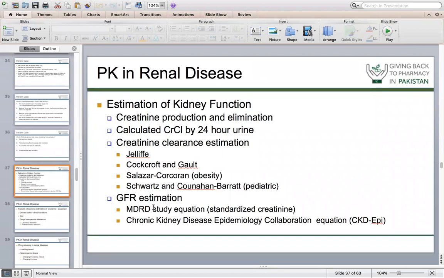For GFR estimation, we can use the MDRD study equation or the CKD-EPI equation. You can memorize these, but from an exam point of view, I recommend memorizing most importantly the Cockcroft-Gault equation.